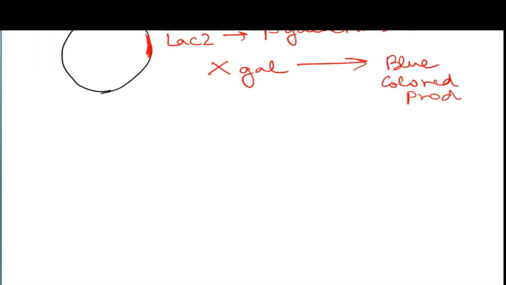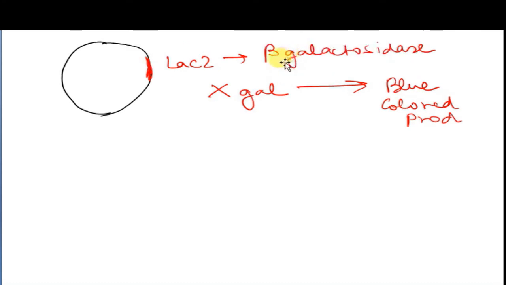So we had said that we are putting these recombinant cells into E. coli. We have already said that this LAC-Z gene is present over here, and LAC-Z gene produces beta galactosidase.